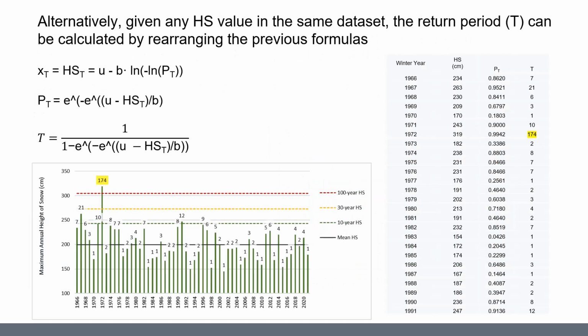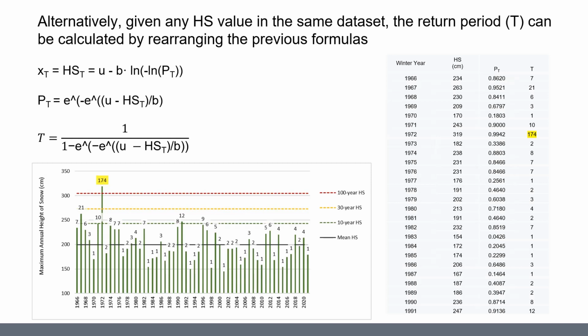What I've done here that's a little bit different is I've flipped the formula around. So instead of calculating the value for any given return period, I've taken the values for each year and calculated the return period for that year. Looking at 1972, if you put it into this formula, 319 centimeters ends up being a 174-year estimated return period for that given year.